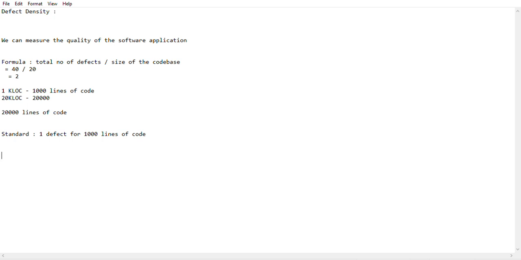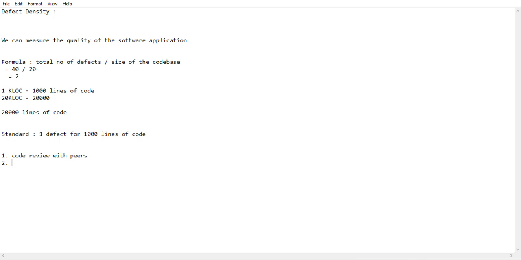Now how can we improve the code quality? For that we have to follow a few processes. The first process would be code review with peers. Suppose I have developed this particular module and, according to me, everything is fine.